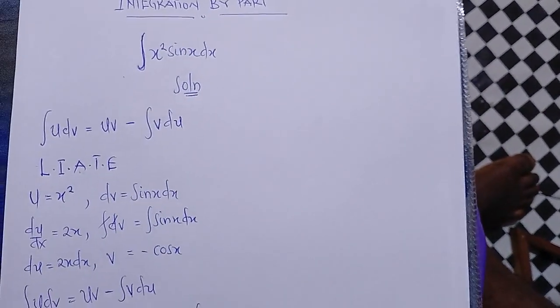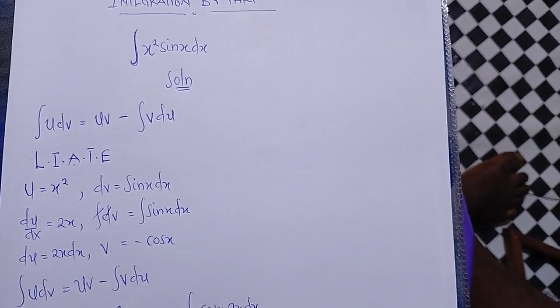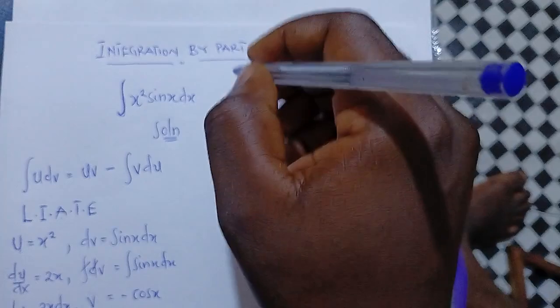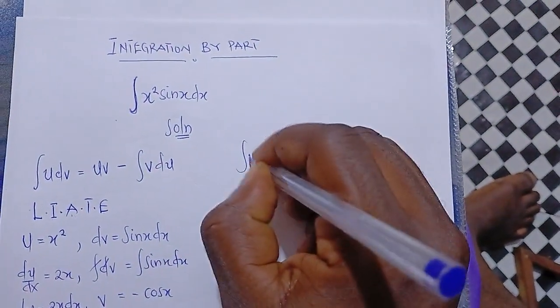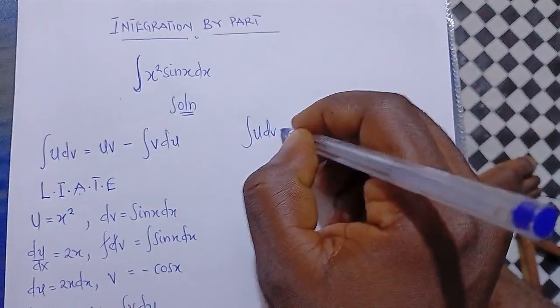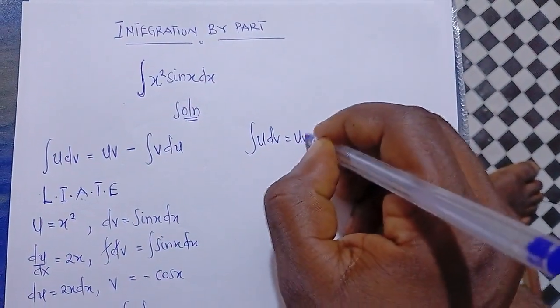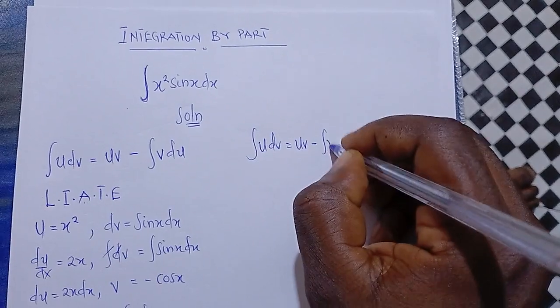Now let me continue from this side. The formula is the integral of u dv equal to uv minus the integral of v du.